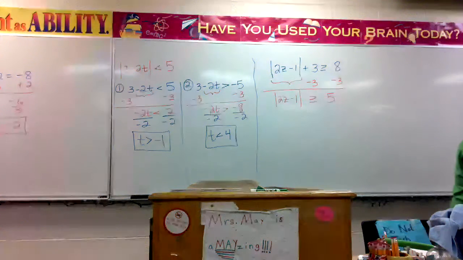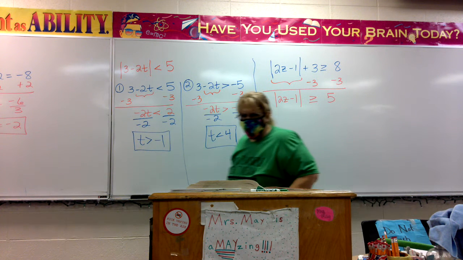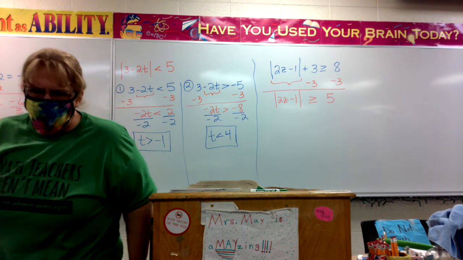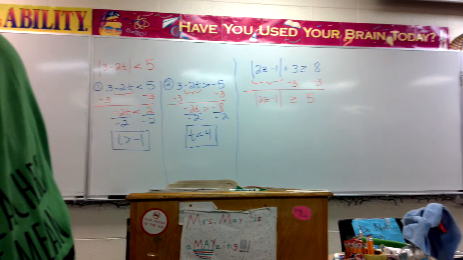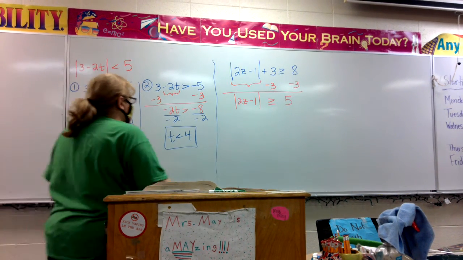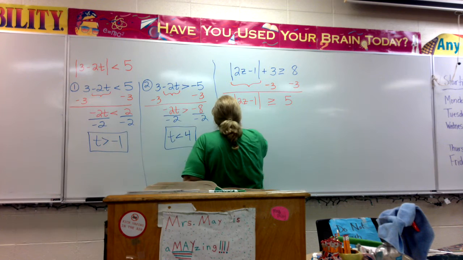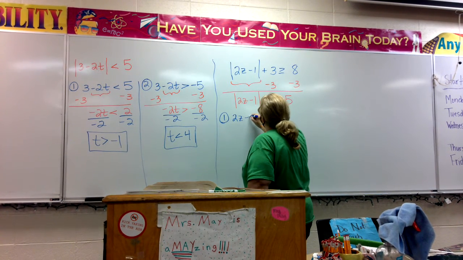You just have to remember to do it. So, once you get the absolute value by itself, then what? Split it down into 2.